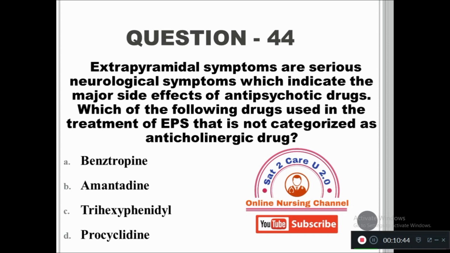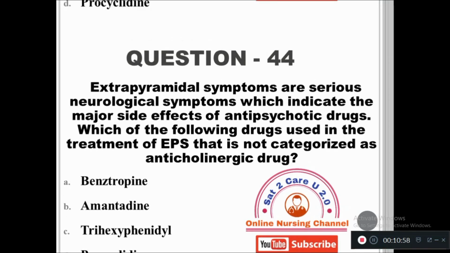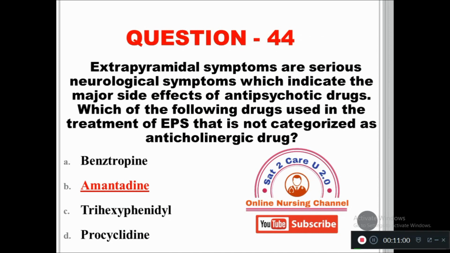B, amantadine. C, trihexyphenidyl. D, procyclidine. The right answer, the drug which is not categorized as an anticholinergic drug, is amantadine because it is a dopaminergic agent.